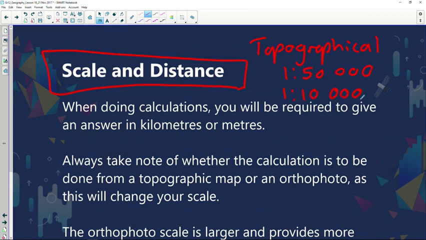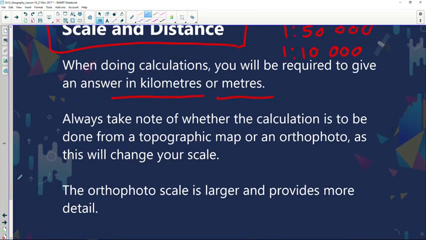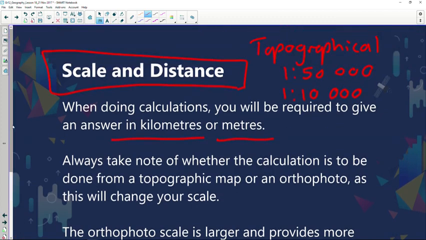Because of the scale, we can calculate distance on a topographical map as well as an orthophoto map. When we do these calculations in South Africa to measure distance, we use kilometers and meters. We use a formula to calculate the answer in kilometers and to calculate the answer in meters. But keep in mind they are going to be different depending on which map we use.